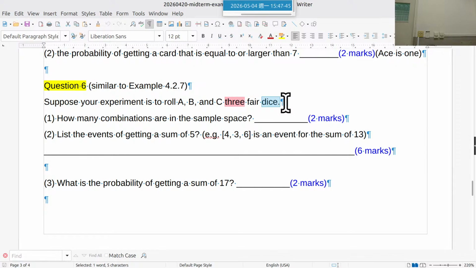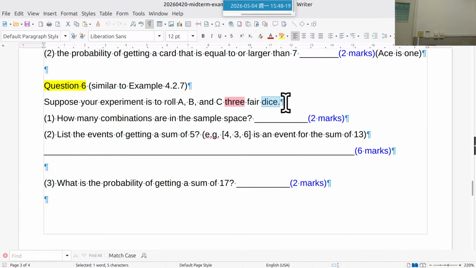Because 4, 3, 6 means A is 4, B is 3, C is 6. But in a different sequence, for example 3, 6, 4, A is 3, B is 6, C is 4. It's the same sum of 13, but the sequence is different, so it's also a separate outcome in the sample space. I'm afraid to show a big number because you will calculate and get sick.